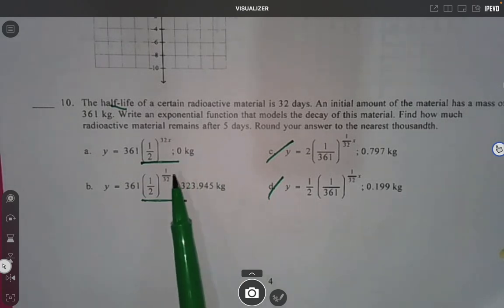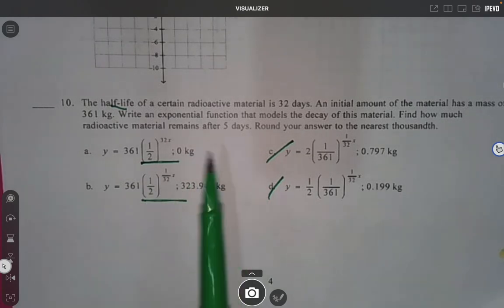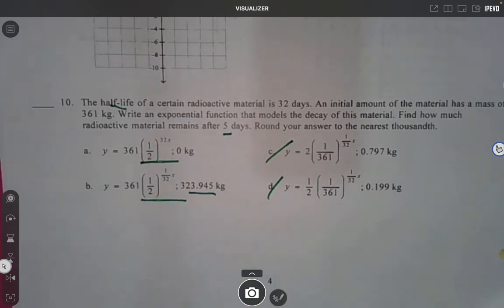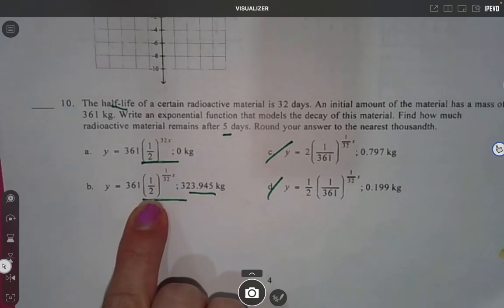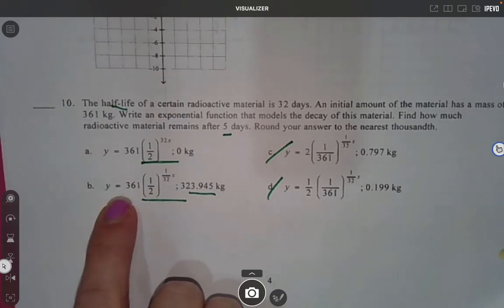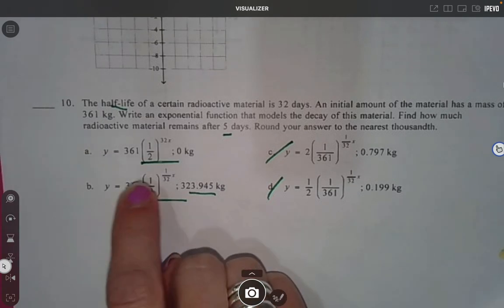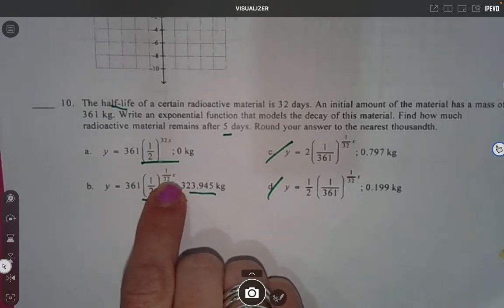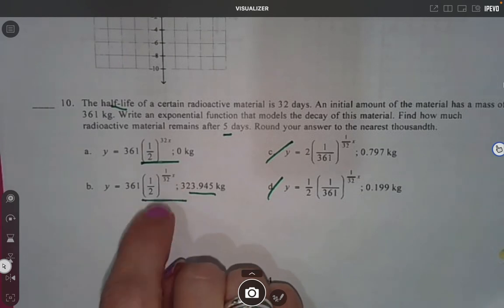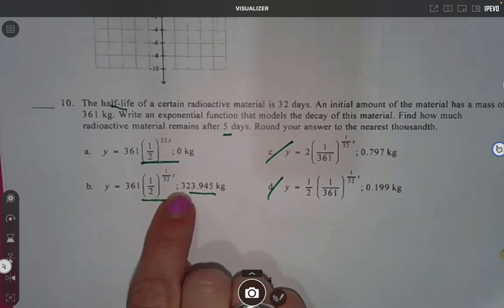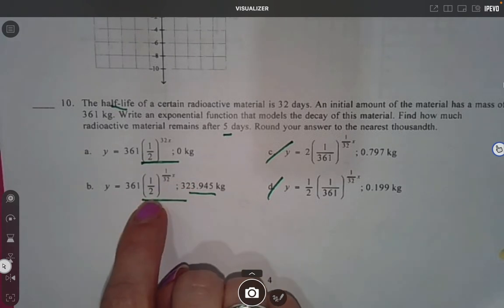So if I had plugged in 5, because I think that's what they want us to plug in, and that would give us the second number, okay? So just like tomorrow, your half goes here, your starting value goes here, and since it's out of 32 days, it's 1 over 32 in your exponent, okay? Same thing tomorrow, but instead of 32 days, it may say 30. So what's it going to be in your exponent? 1 over 30.